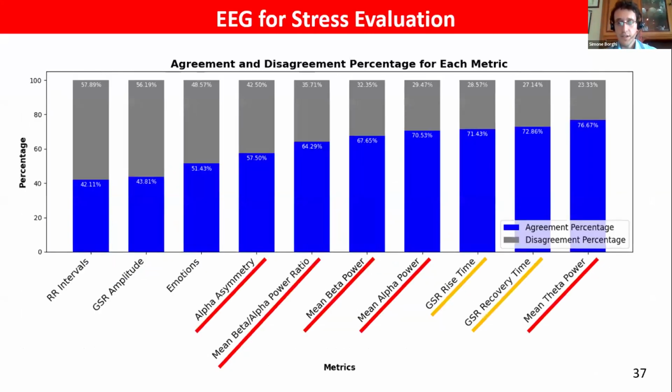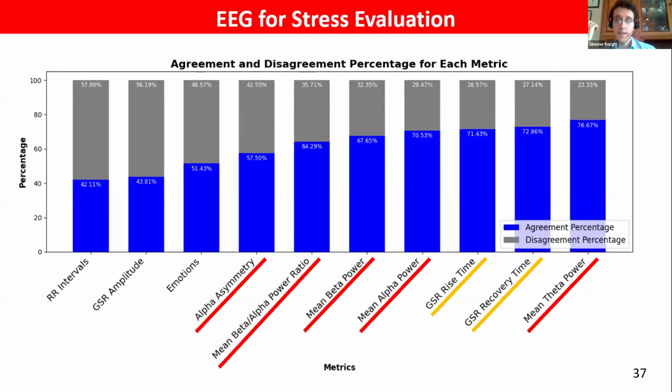So, here are the results. This box plot shows the percentage of agreement between the metrics extracted from the psychophysiological signals and the subjective assessments. The metrics obtained from the EEG signal are highlighted in red. As can be seen, they are the most precise in defining stress.